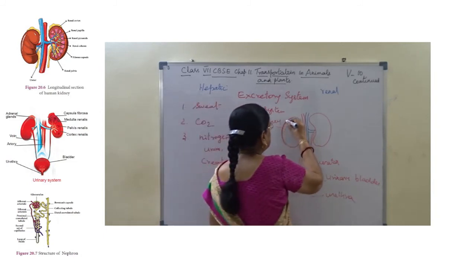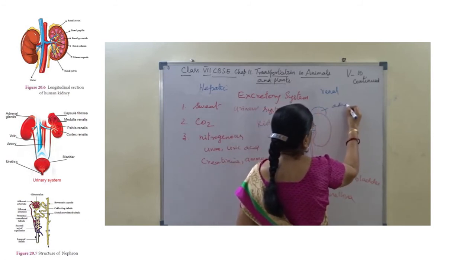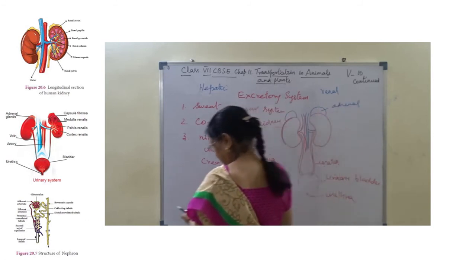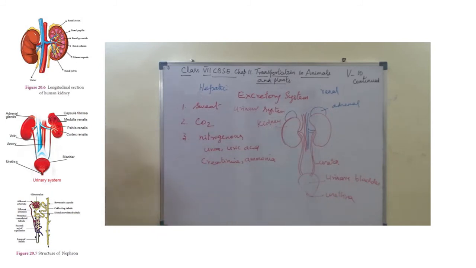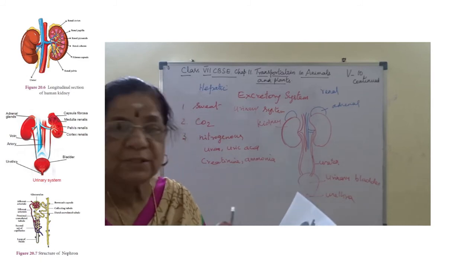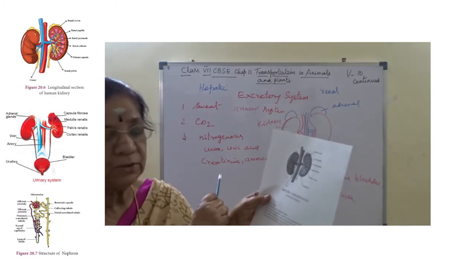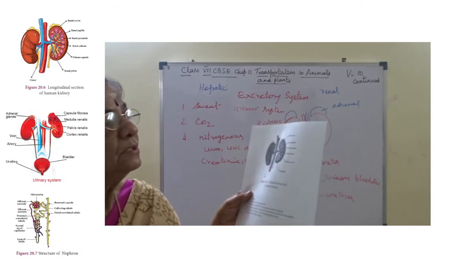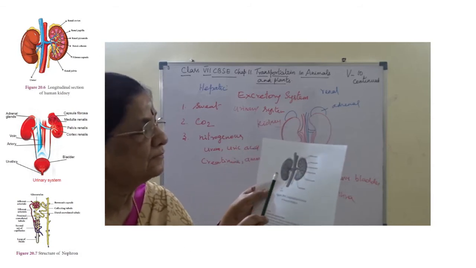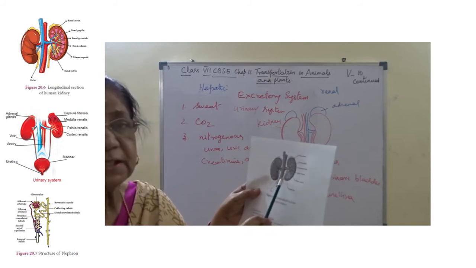And above the kidney is present the adrenal gland. What did I say about the adrenal gland? It is an endocrine gland. I hope you understand. I will draw the diagram and the picture will come in the video. Just understand. The kidney has an outer portion and an inner portion.